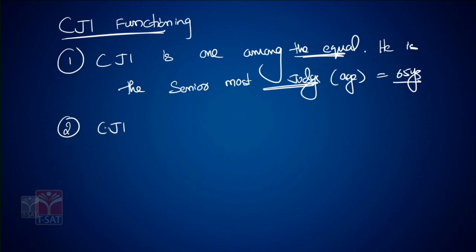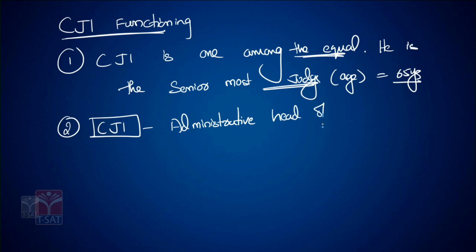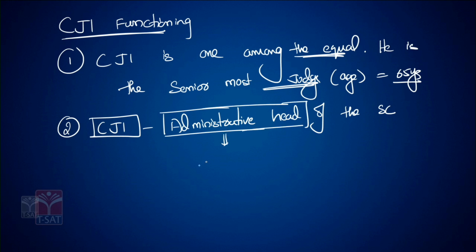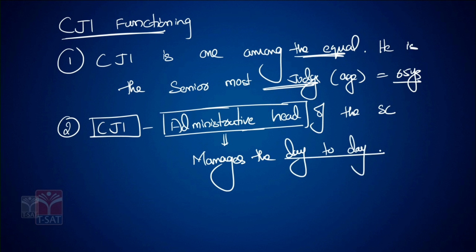The Chief Justice of India is the administrative head of the Supreme Court. What is the meaning of administrative head? He ensures or manages the day-to-day affairs of the Supreme Court.